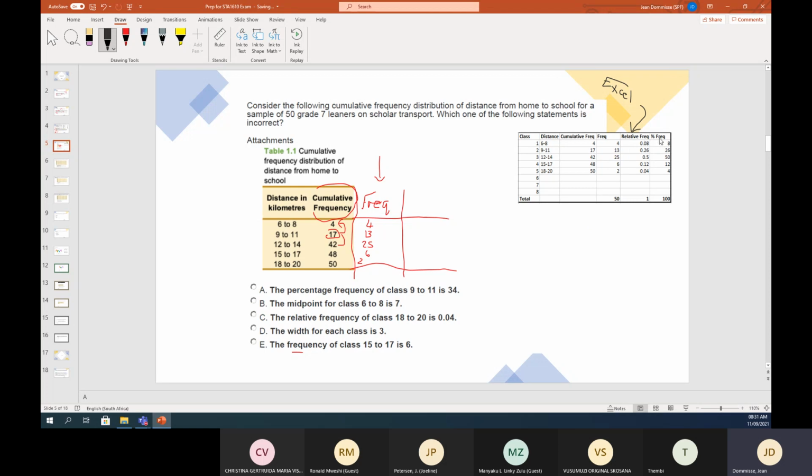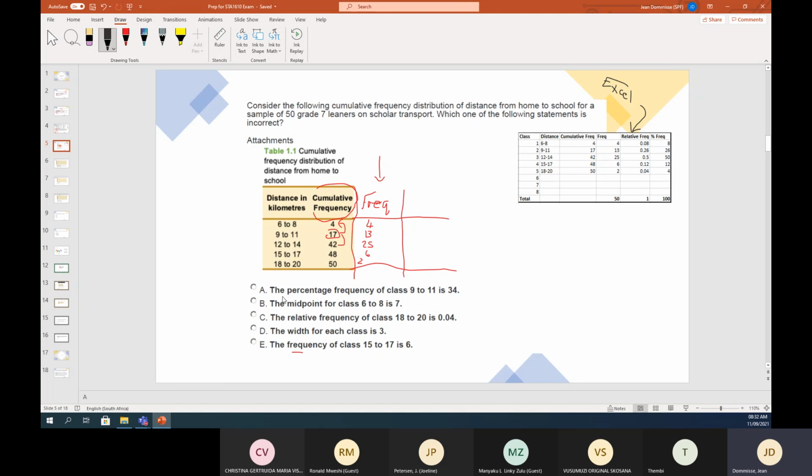Then relative frequency and percentage frequency. So this is what you need to use to answer this set of questions, because it is very difficult from just looking at these to answer all the questions.